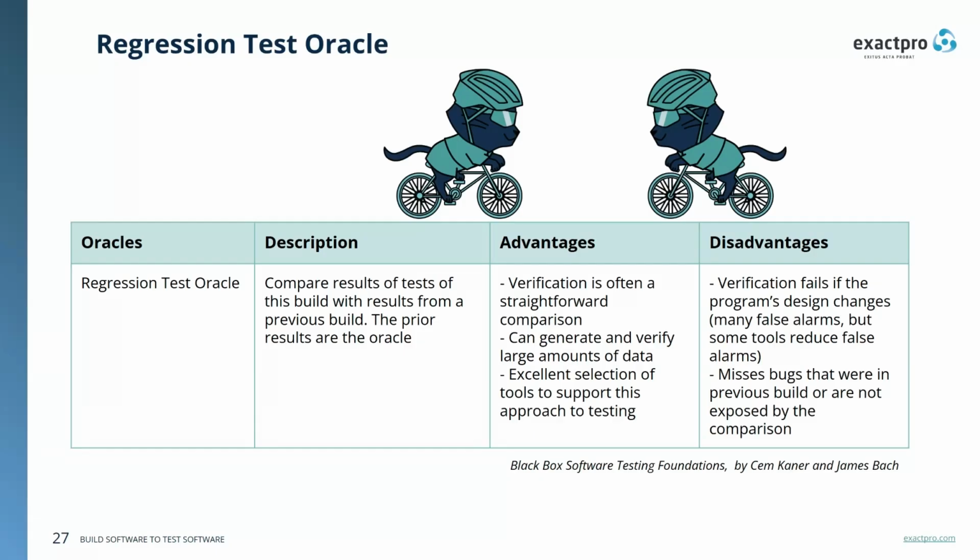Right. And to a degree, regression testing is testing where your previous version is the model of the new system. So all testing is model-based testing, but regression testing is specific model-based testing where the previous version is the model of a new system.